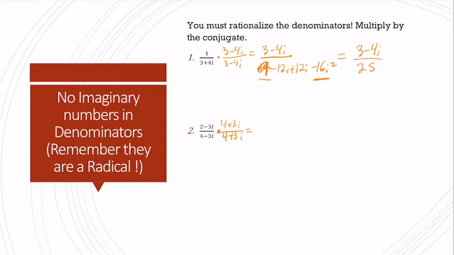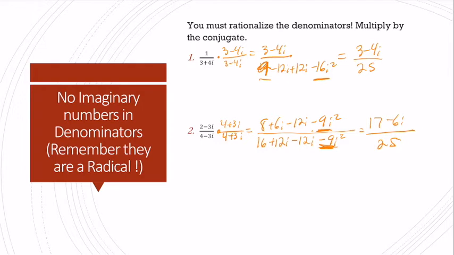That gives me 8 plus 6i minus 12i minus 9i squared over 16 plus 12i minus 12i minus 9i squared. 8 plus 9 is going to give me 17. 6i minus 12i is a negative 6i over 16 plus 9 again. I'm so creative, y'all. 16 plus 9, which is 25, and I can't simplify this any further.